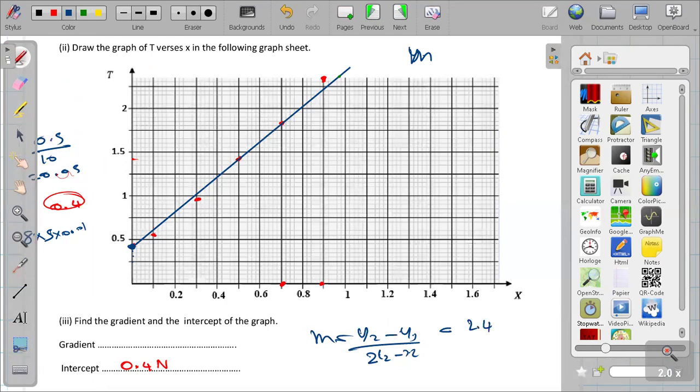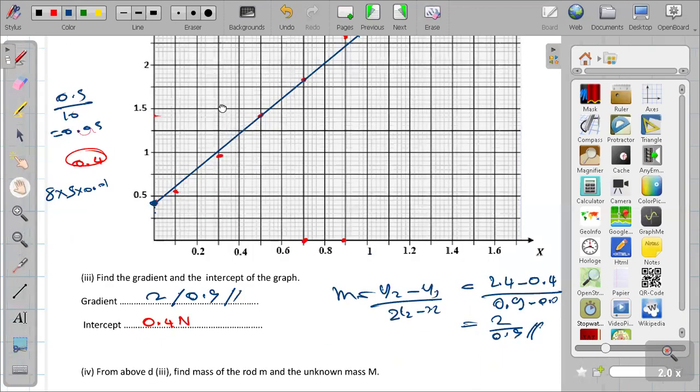Y2 is 2.4, the initial value is 0.4, and x nearly comes closer to 0.9. So 2 over 0.9 is the gradient. This is the gradient.